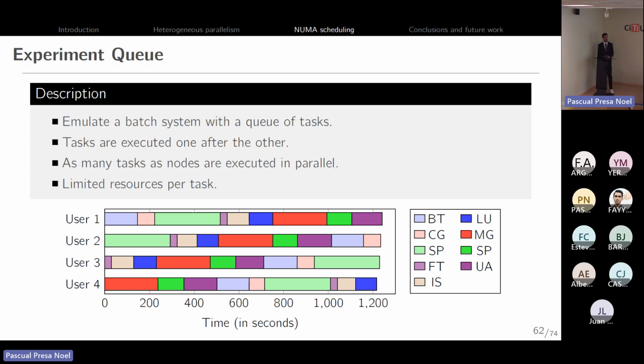Finally, we have experiment Q, where we emulate a batch system with several users sending tasks to a queue of tasks. We should note here that we have as many tasks as nodes in the system, and we give a limited amount of resources for each task.